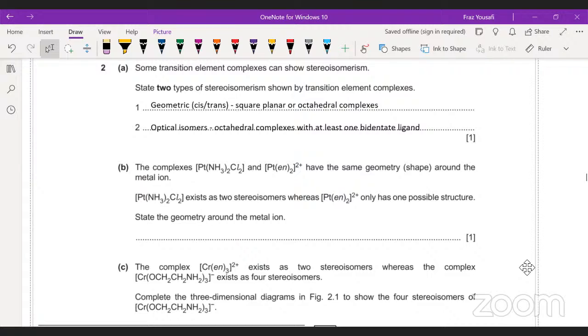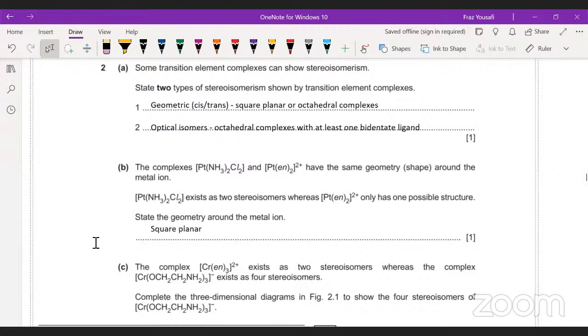So you've got a complex here of platinum, which has two ammonias and chlorines, and then another one that has two diethylamines that have the same geometry around the metal ion. Again, the one that has two different ligands can exist as two isomers, whereas the other one only has one possible structure. The geometry that they're talking about is square planar.